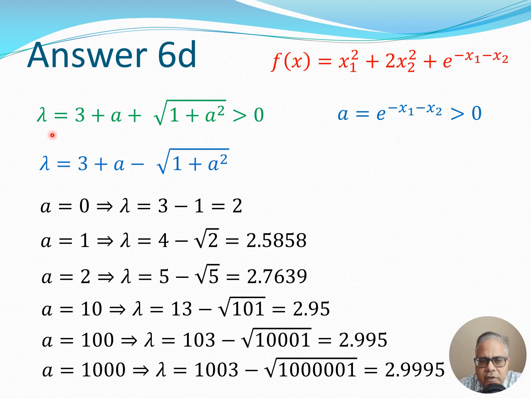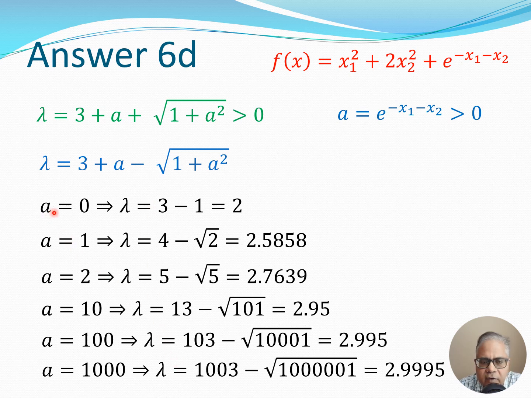But in the case of this particular lambda, I'm not totally sure because there is the 3 plus a term which is positive, but then I have to subtract this term here. So we do not know whether this is going to end up as positive or negative. So I tried it out for various values of a. A is 0, 1, 2, 10, and so on. For each of these values, you can calculate lambda.